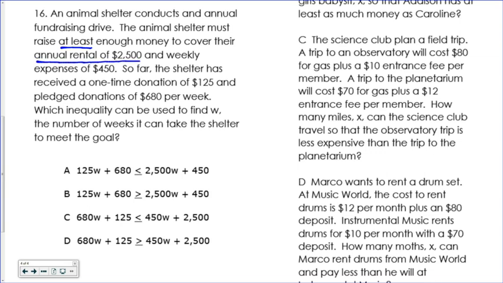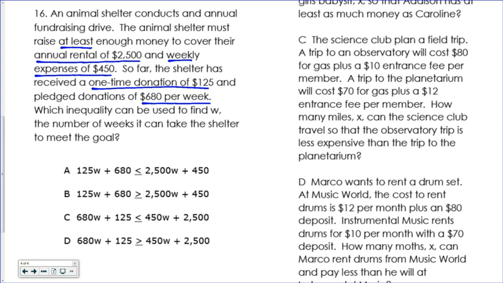So annual rental of $2,500 and a weekly expense of $450. So far, the shelter has received a one-time donation of $125 and pledged donations of $680 per week, which inequality can be used to find W, the number of weeks it can take the shelter to meet the goal.